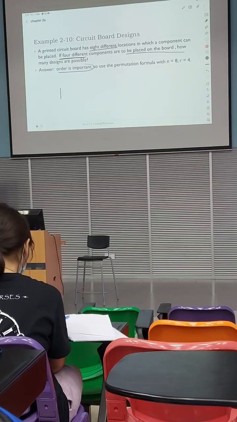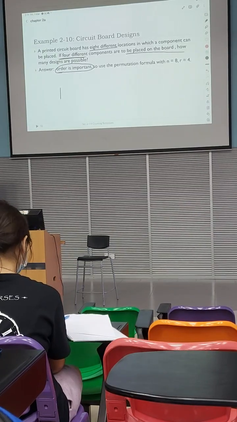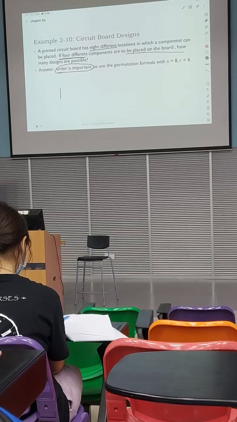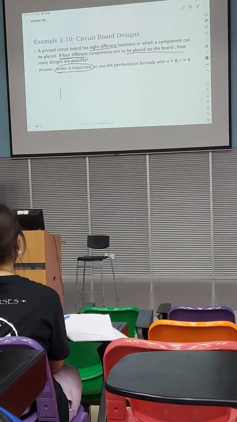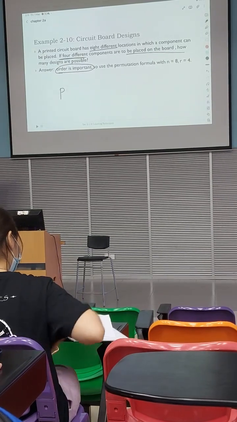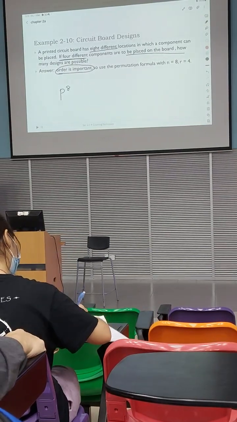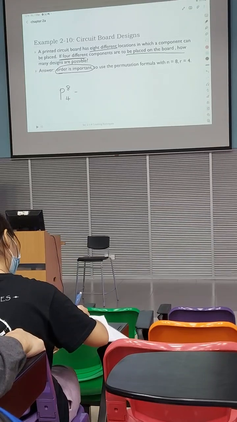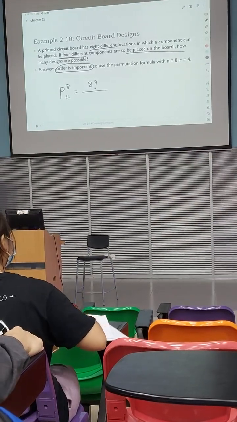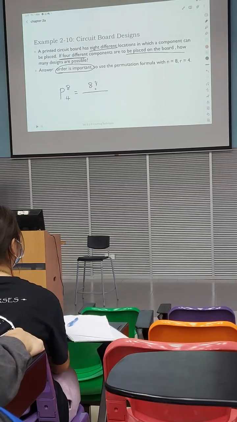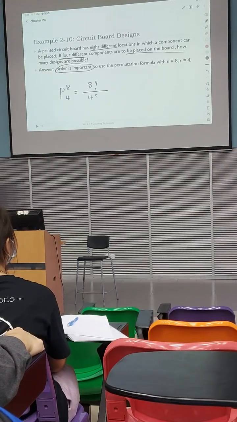In this case, let us assume that the order is important. It should be highlighted in the question if it is permutation. If the question mentions that the order is important, it means we have to use permutation. In this case it is 8 choose 4. By the formula, it is 8 factorial divided by (n minus r) factorial, which is 4 factorial.